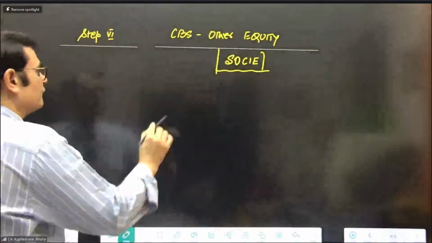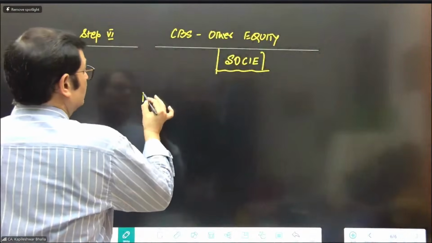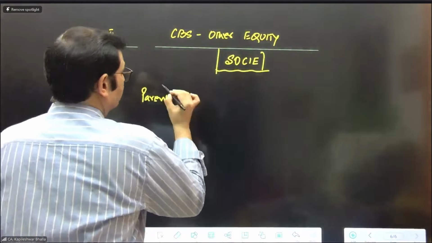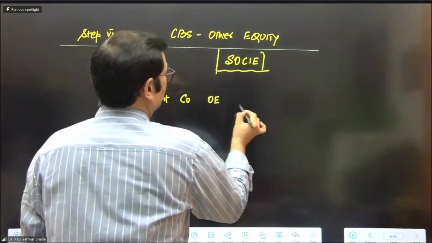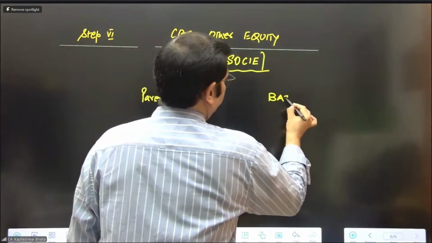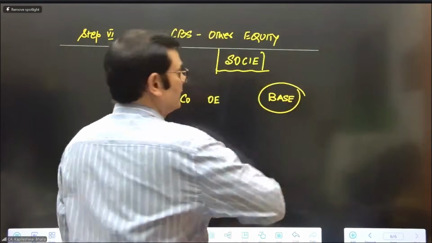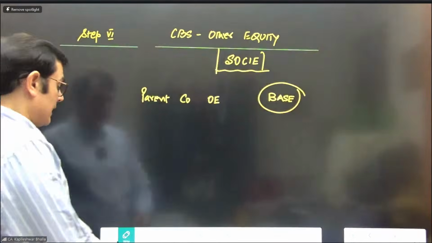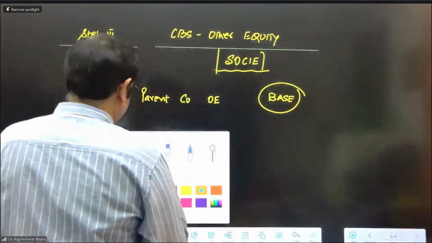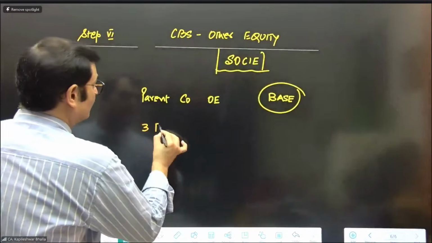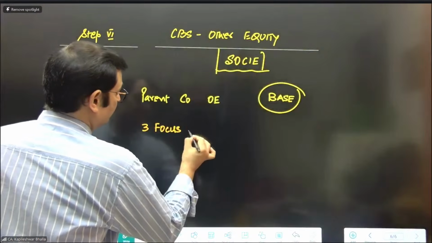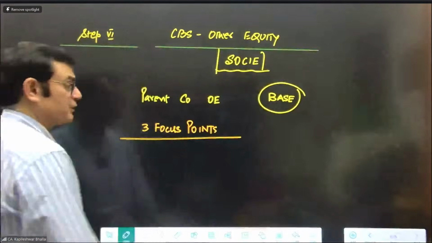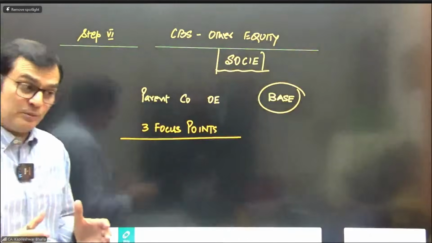Now, let's first of all consider that you're going to take the parent company's other equity as a base. You're going to take the other equity of the parent company as a base. And I would say again, there are going to be a total of three focus points. And it's easy to remember.